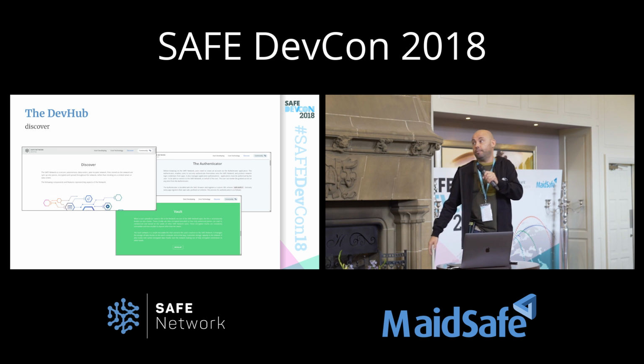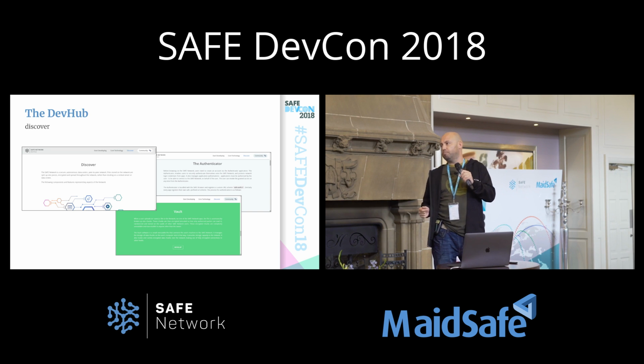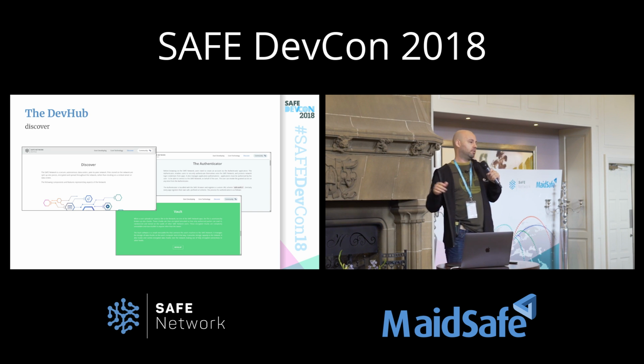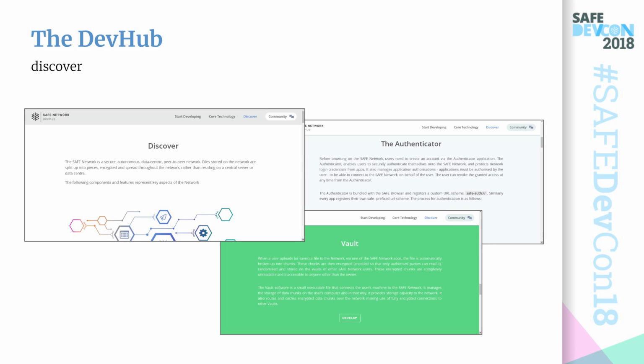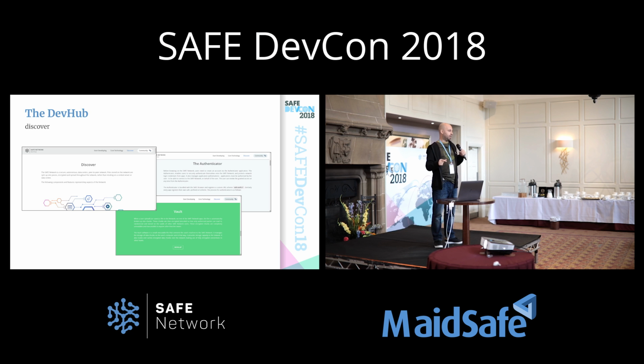And finally, there is a discover section with concepts that explain the features of the network, not just for developers, but also for users, about the Authenticator, vaults, the default containers that the accounts have by default, about the different data types that are supported by the network, and so on. So this is also a nice section to start looking at, to understand the main features for users and developers.